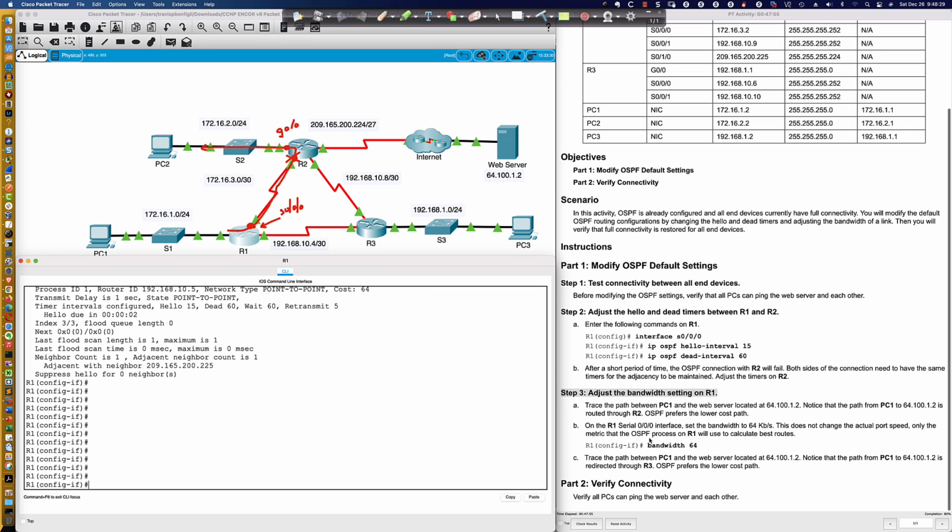Well, I can change the bandwidth. And here's the use case. For me, we're talking about layer 3 traffic engineering. We're going to try to manipulate the flow of traffic at layer 3 using the OSPF routing protocol. And to do that, we could manipulate the bandwidth.